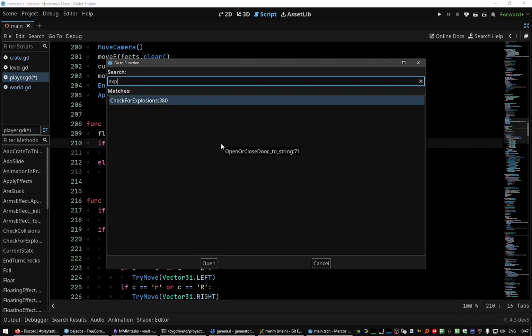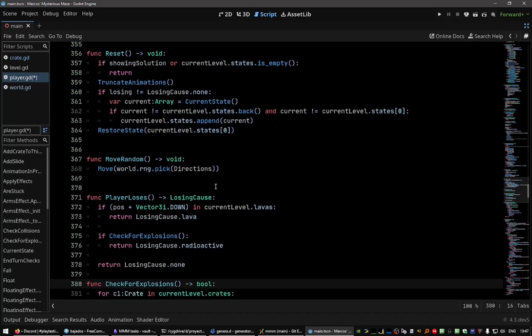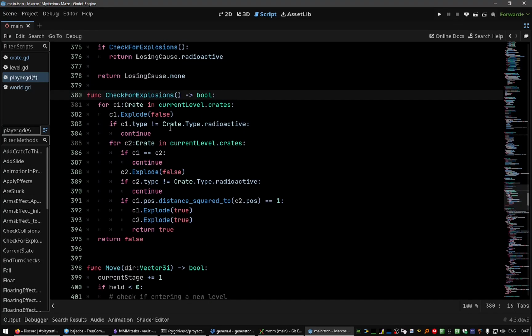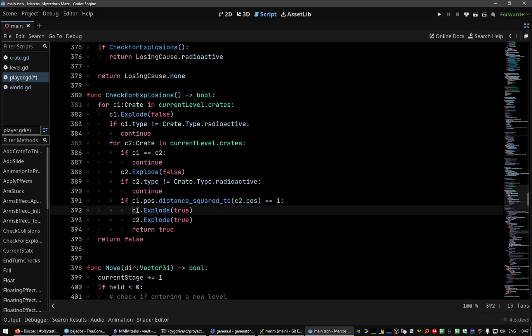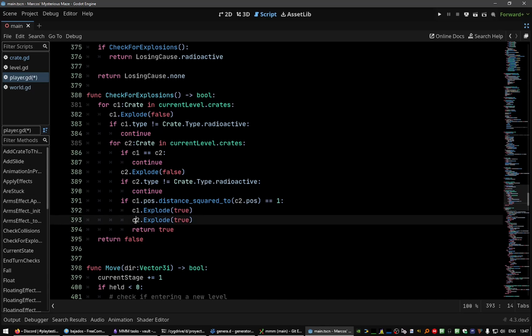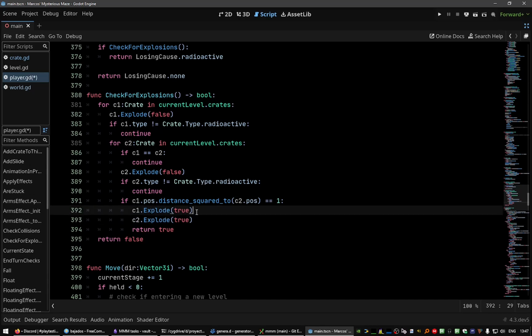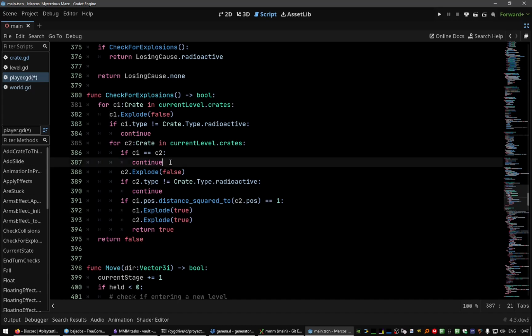Let's see, it checks for explosions. Yeah, we need to know which crates are exploding. I think I could add parameters to the effect to show the. Yeah, this will be only called to activate them.